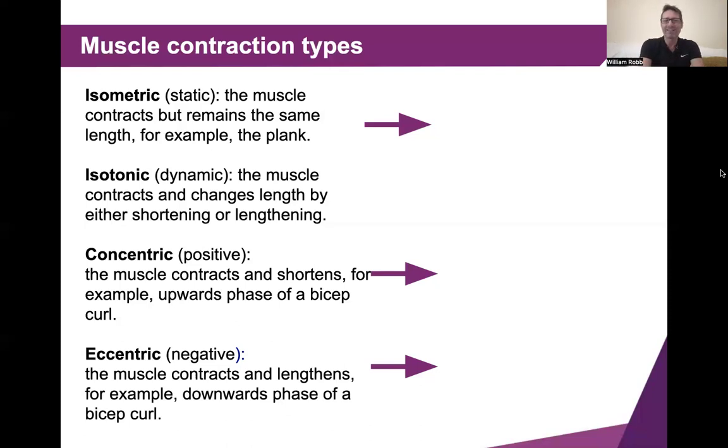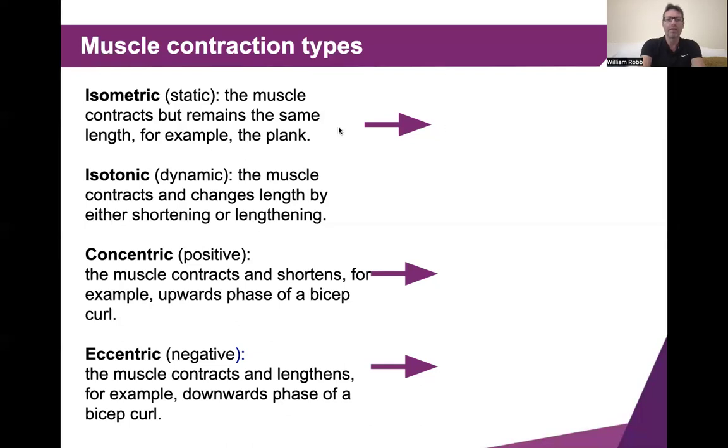Eccentric now, the negative movement: the muscle contracts and lengthens, for example, the downward phase of a bicep curl. So I want to now go from flexion to extension. The bicep is now moving eccentrically. It is contracting and lengthening as we come down. You've probably all come across negative reps or eccentric training throughout your own fitness journey.